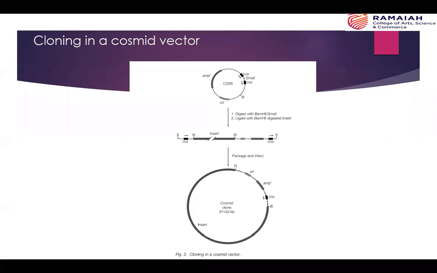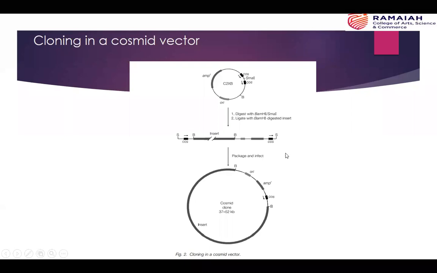Instead of one cos site, two cos sites are provided, in between them one site for a blunt-cutting restriction enzyme, so that two fragments of the vector are provided, and the possibility of these vector fragments ligating without the target DNA incorporation is less, because the fragments produced are blunt-ended. So the only high possibility of the formation of recombinant products is recombinants with the two ends of the vector with the appropriate size insert incorporated between them.